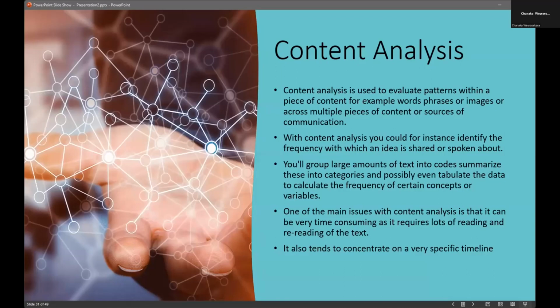So it's like we are searching for contents in a text, for example. We have to work with a large amount of text, code it, and summarize it into several categories. Sometimes we even have to tabulate.